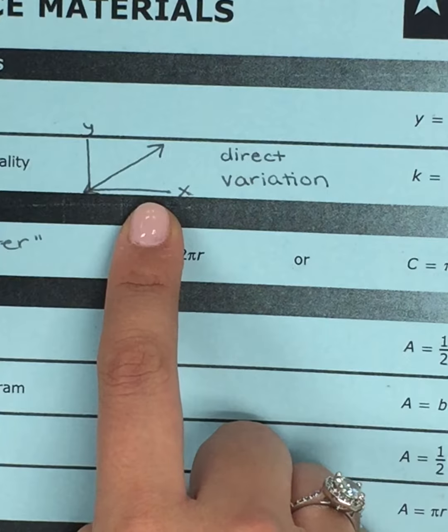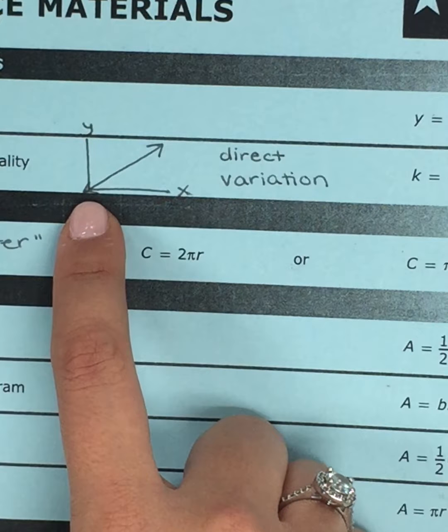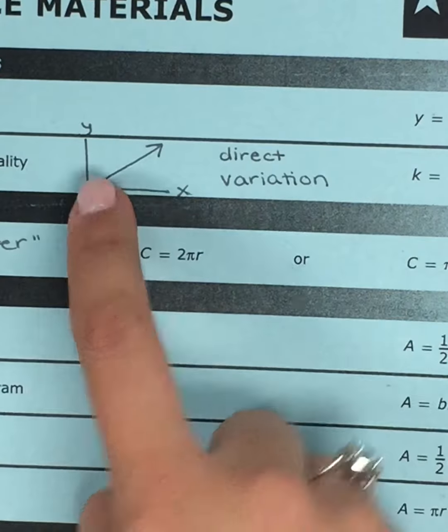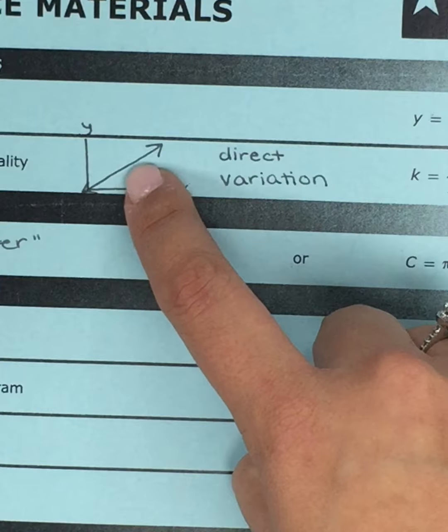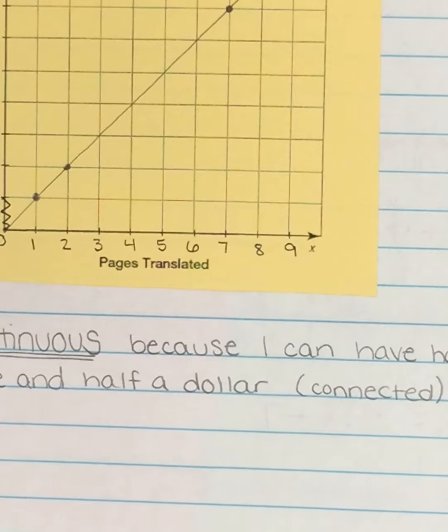Okay, hopefully you remember direct variation means that our graph goes through the origin, crosses through that 0, 0 point, and is a straight line. Let's take a look at our graph. Does our graph go through the origin? Yes. And is it a straight line? Absolutely. So our graph does directly vary.